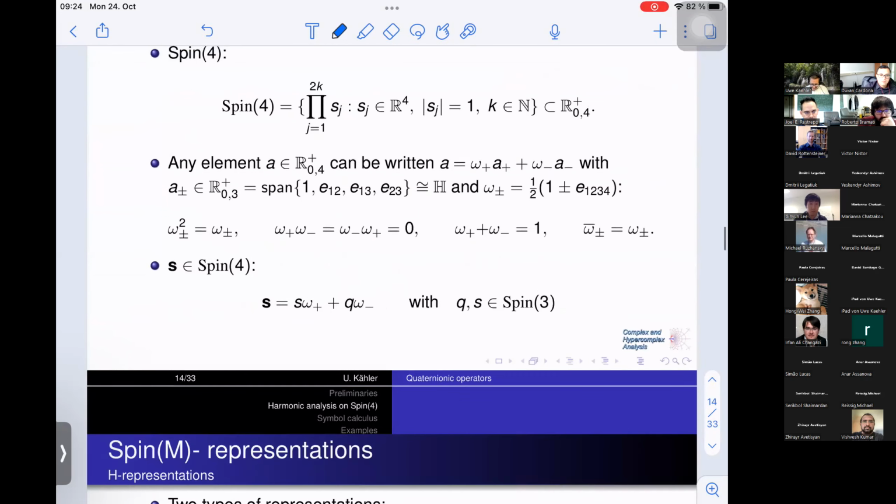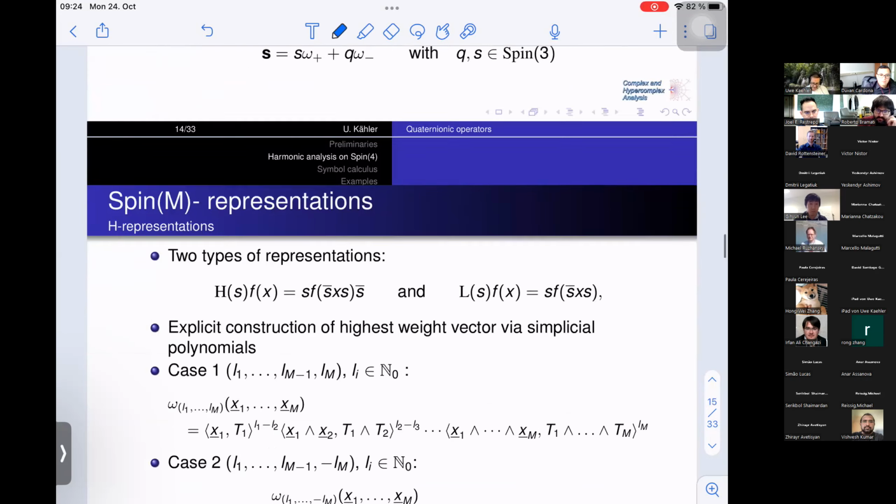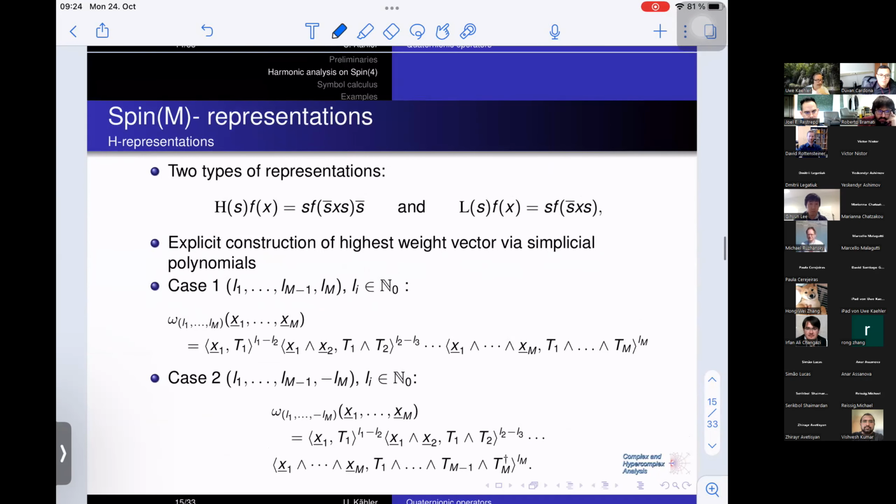And let me actually switch that one. That's the wrong time. The point is basically, we need the representations of Spin(m). There you have two types of representations. One is called the spin 1/2 representation, the other the spin 1 representation.